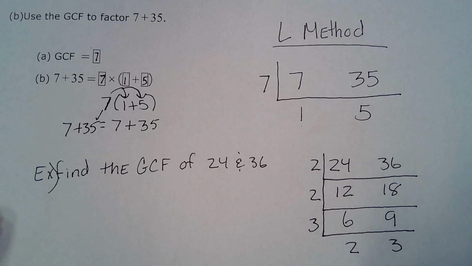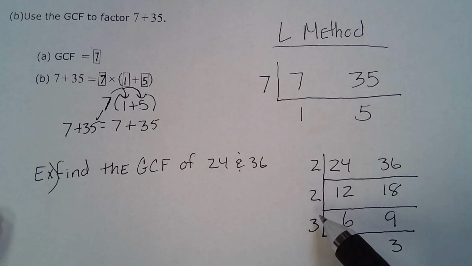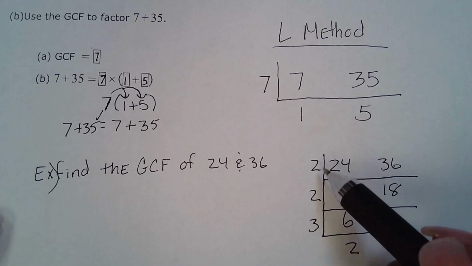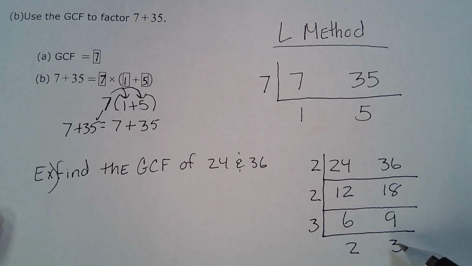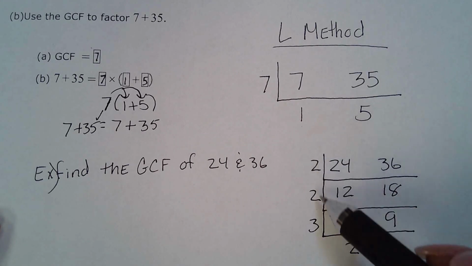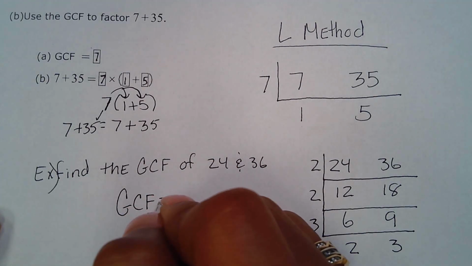In order to find my GCF, and the whole point of doing the second example, is that now you can see you have 1, 2, 3 digits that are left on the left side of our figure. You're going to have to multiply those out in order to find the GCF.